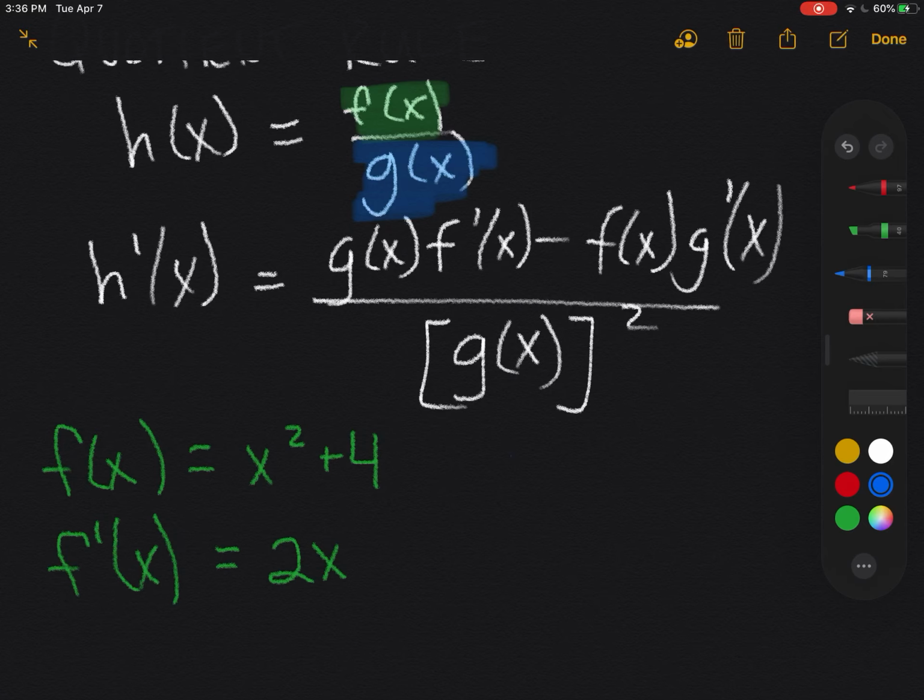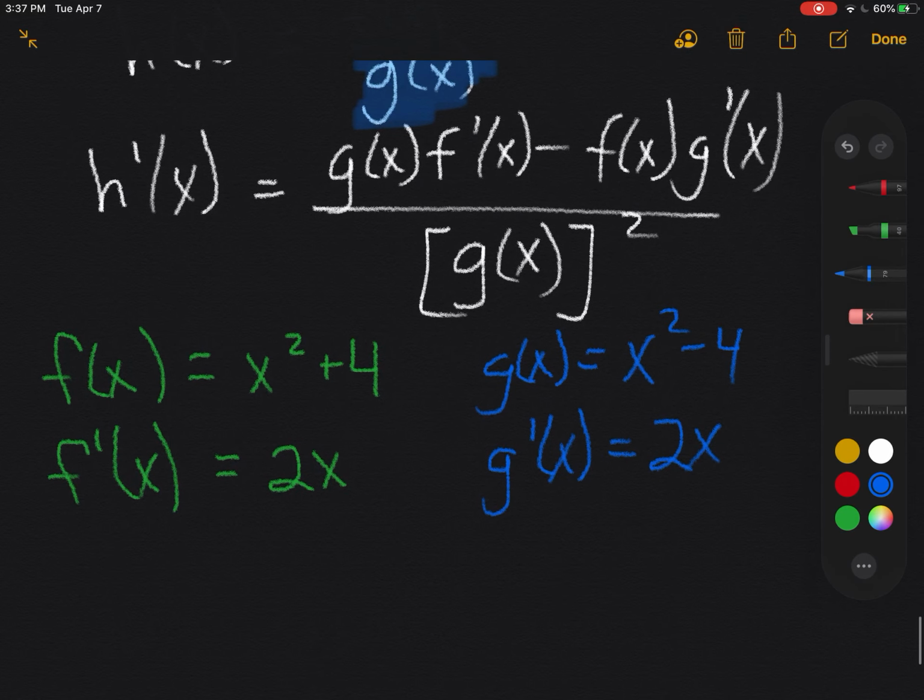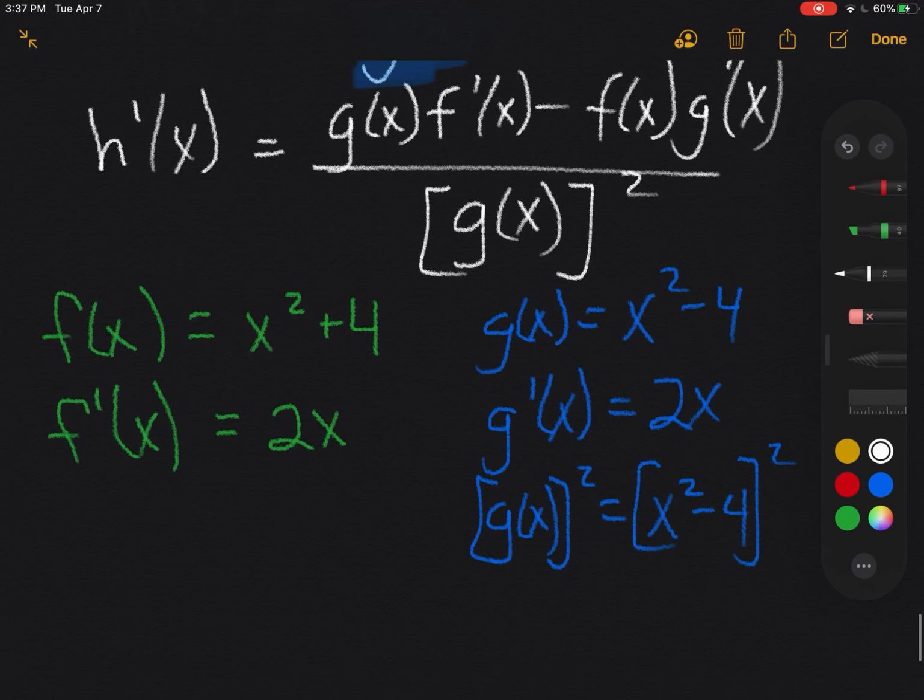And I know that I'm going to need to know the derivative of that function. So f prime of x will be equal to 2x. And g of x is equal to the denominator of that function, x squared minus 4. So g prime of x will be 2x. They also want to know g of x squared, which should be x squared minus 4 squared. And I'm happy if you just leave it like that. I don't think you really have to simplify that much.